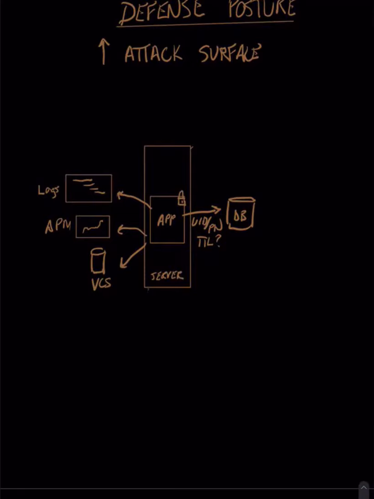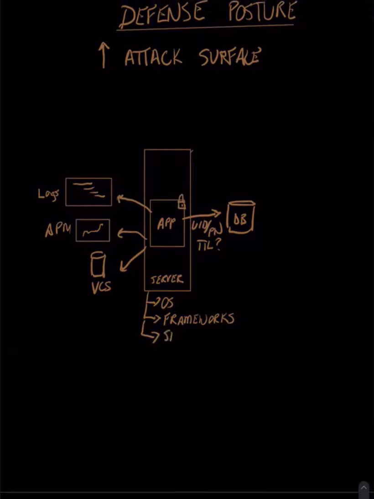But that application lives inside of an environment, and that environment is going to be a server, and that server is going to be virtual or physical. And there's going to be a number of things on the server that add to that attack surface, different ways that I can get access to a host system that potentially can get me access to the application and/or additional networked resources like the database.